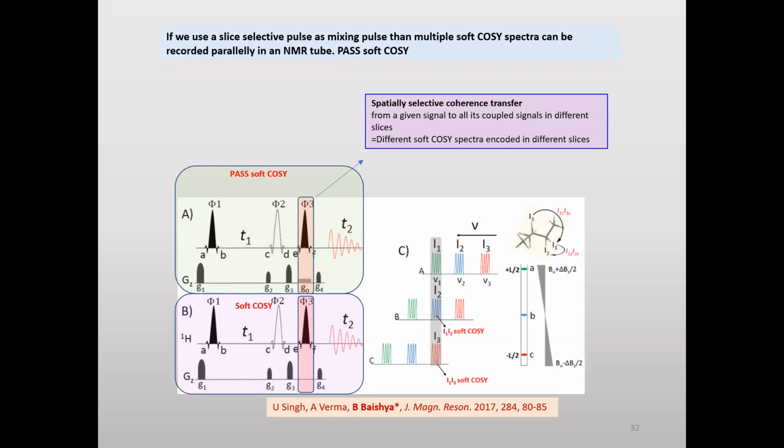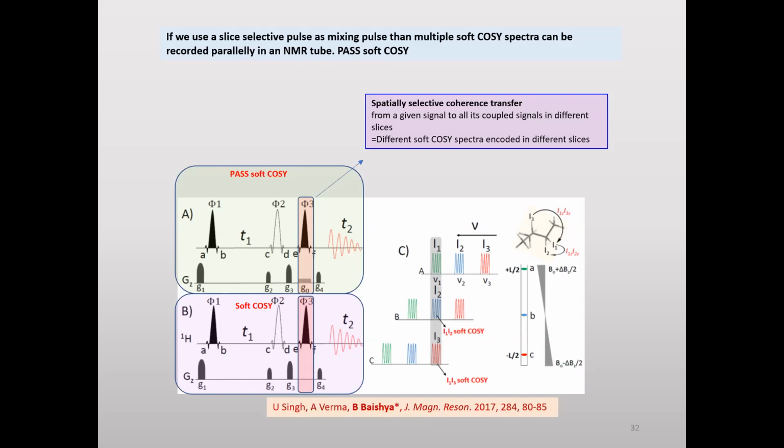In the topmost, the PASTA soft COSY pulse sequence, you can see that the first two selective 90-degree pulses are still applied on spin 1. The third selective 90-degree pulse with phase phi 3 is applied in the presence of a gradient, and this does the spatially selective coherence transfer.